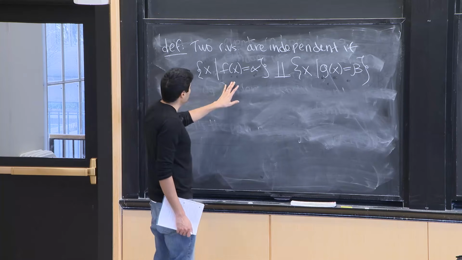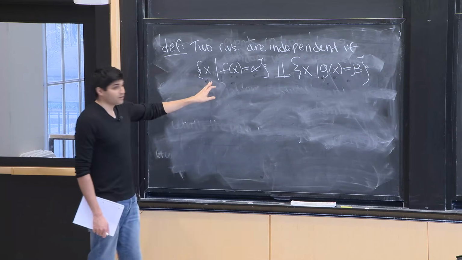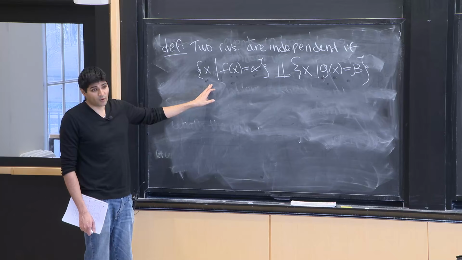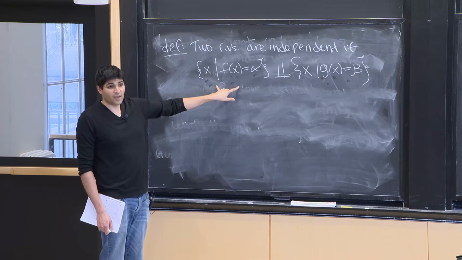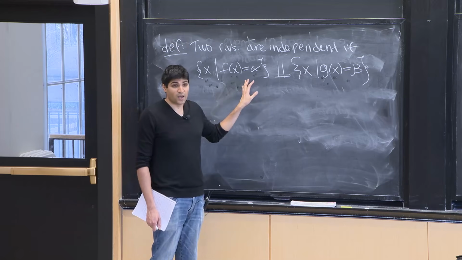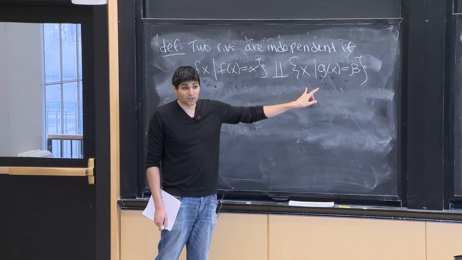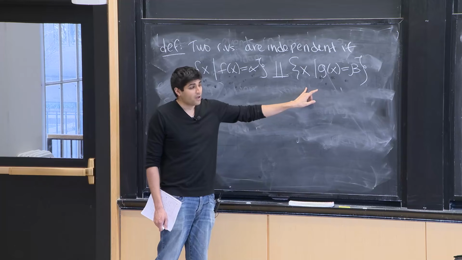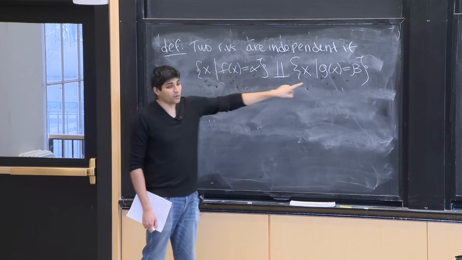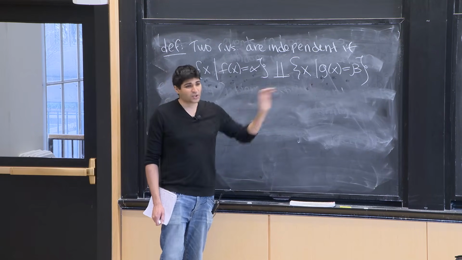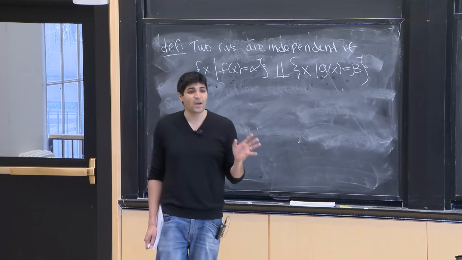I'm taking a random variable and defining an event, because at the end of the day, this is just a subset of the outcome space. So this is an event that's defined based on the choice of alpha. I get a different event for different choices of alpha. This is an event that's defined based on the choice of beta and g. And what I want is for these two events to be independent, which is just the same definition of independence we had before.